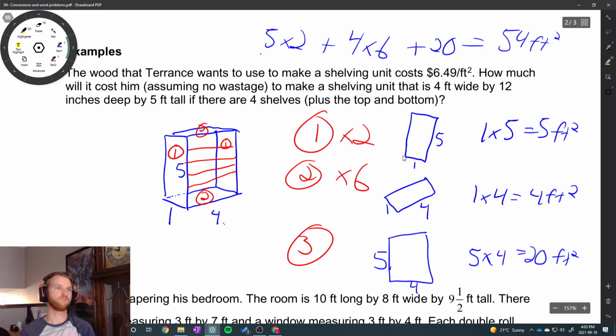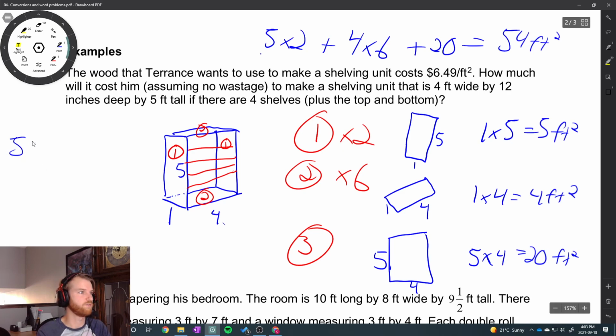Now, this question says that we also want to figure out the price, right? So this is how much wood we're going to need, 54 square feet. And then each one of those square feet costs $6.49. So if 1 square foot cost $6.50, then 2 square feet would cost $13, 3 square feet would cost $19.50, and so on. All we're doing there is multiplying the square feet that we need by $6.49.